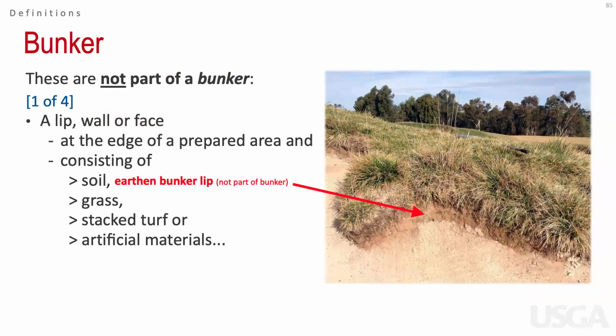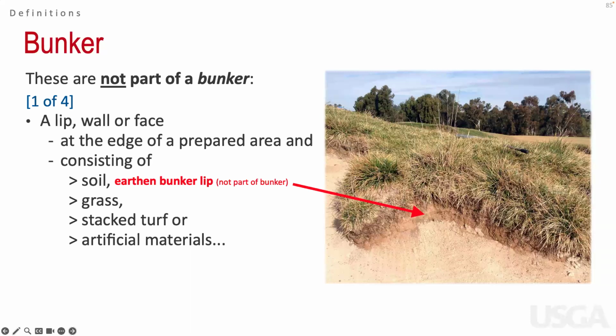So things that are not part of a bunker, we're going to have four different things. The lip, wall, or face at the edge of the prepared area. So we can see here, there is the soil or maybe the bunker lip. That's not part of the bunker.